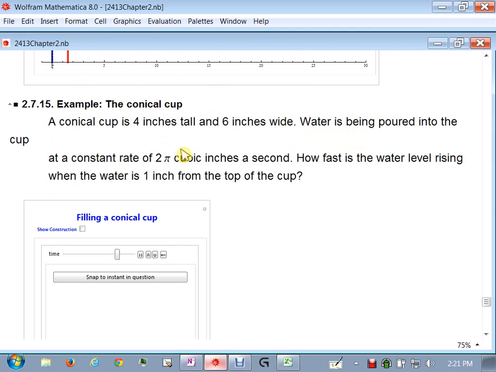So water is being removed from this at a constant rate of 2 pi cubic inches per second. How fast is the water level rising or falling when the water is 1 inch from the top?